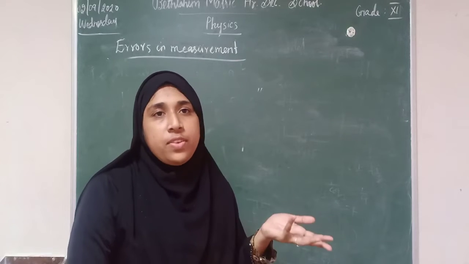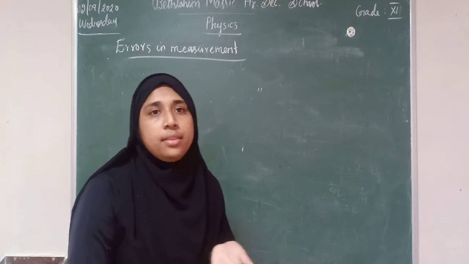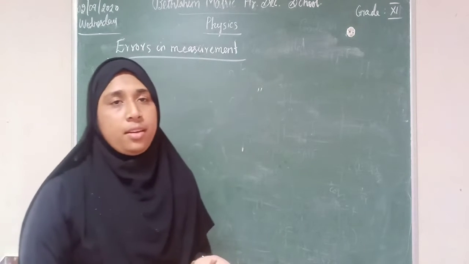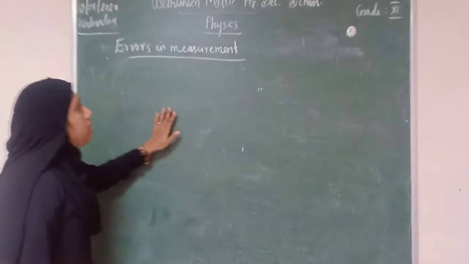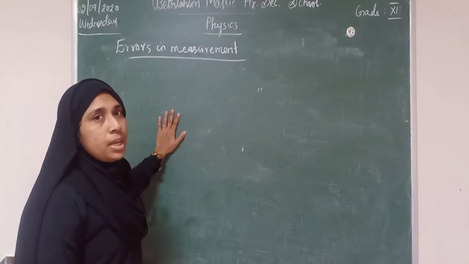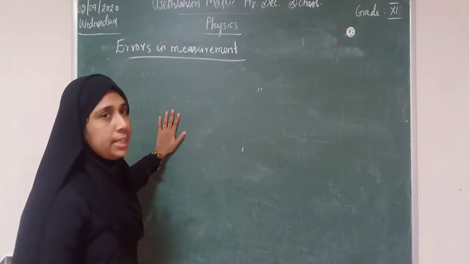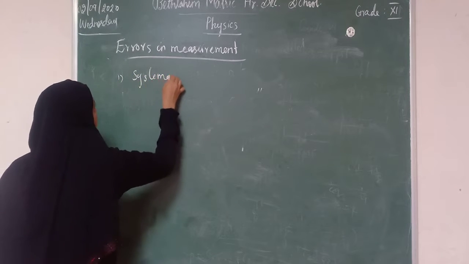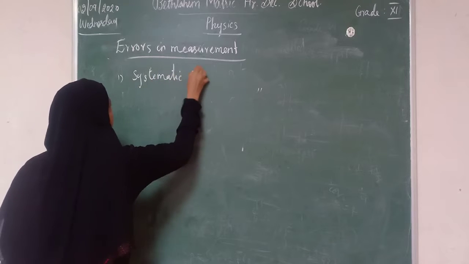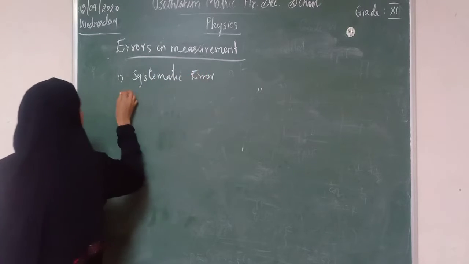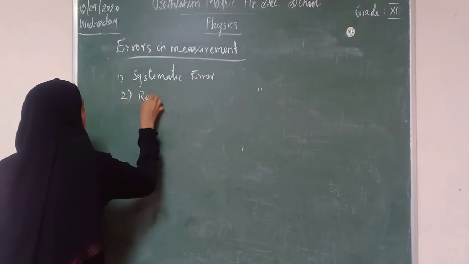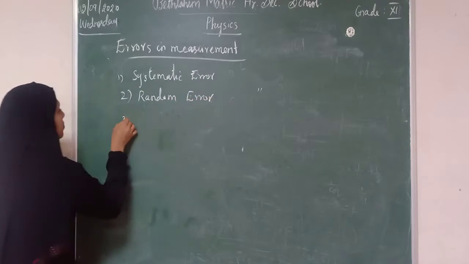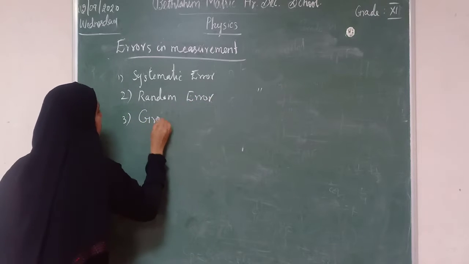That is the difference between the accurate value and the measured value. The errors are mainly classified into 3 types. They are systematic error, random error and gross error.